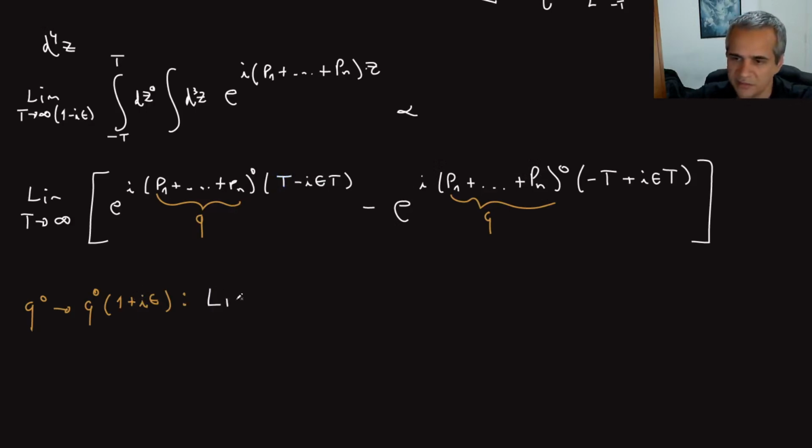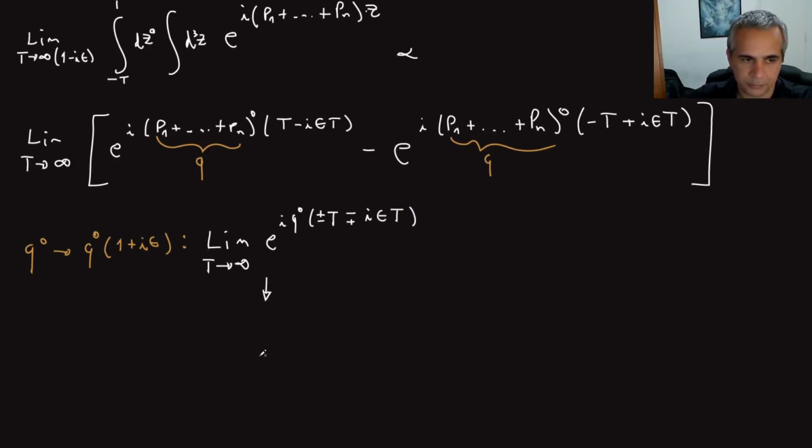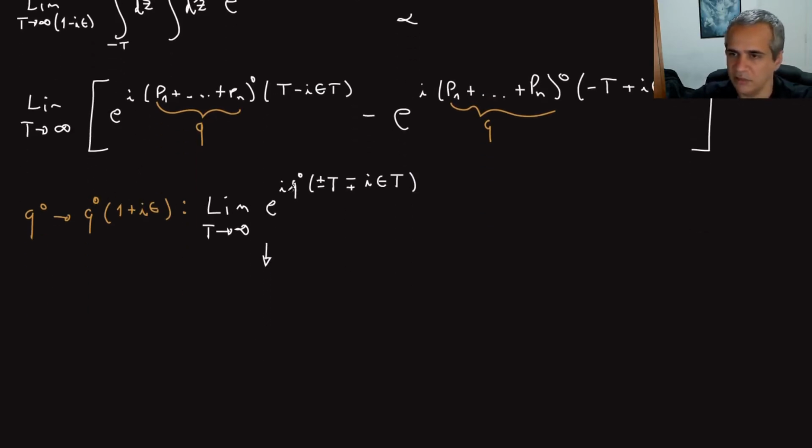So what I'm saying here is, if I take the limit of capital T going to infinity of the exponential of i q0 plus minus t, so now I'm trying to encapsulate both exponentials, the important part are the relative signs here, minus plus i epsilon t. One option is this one, the other option is that other one, and I make this substitution. I just substitute q0 by this and distribute.